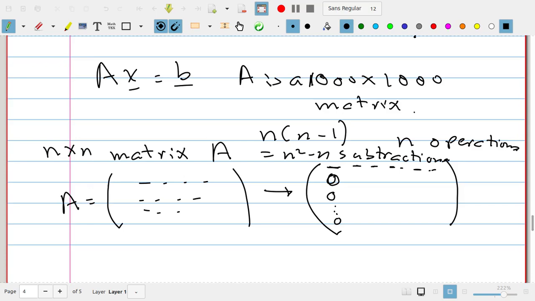Now consider this. If you have a very large matrix, of the order of 1000 by 1000, then n square is much greater than n.